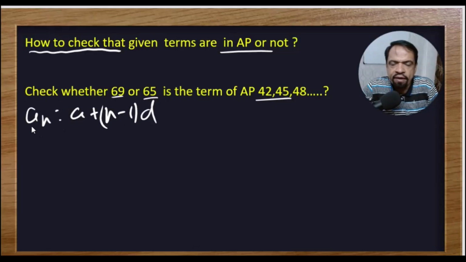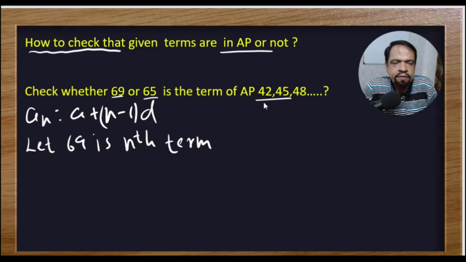In place of n, the nth term, let 69 be the nth term of this AP. So in place of an we will write 69. First term is 42, plus n minus 1.